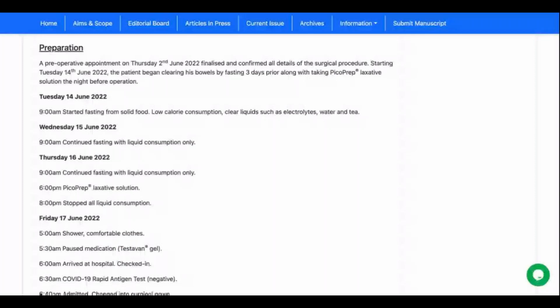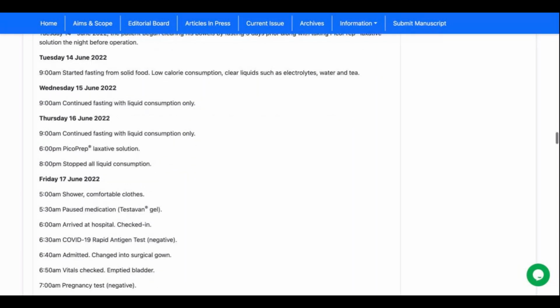I don't recommend fasting all the time, but the whole point is to clear the bowels, and I think fasting is the most natural way to do that. And then drinking coffee, because that clears the bowels. So that's my recommendation. And then obviously we need the bladder to be empty before the surgery.